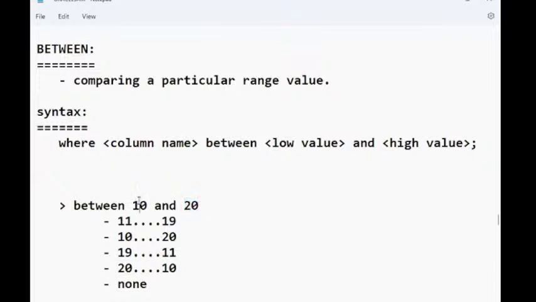Next, suppose I just change my order to 20 to 10. Now what is my answer? The fourth one, none of the above. Carefully observe: a range always goes from low to high. You can see my condition is given as low value to high value.